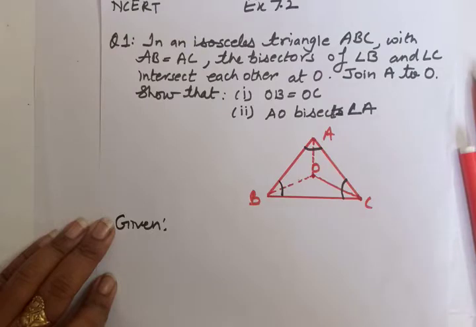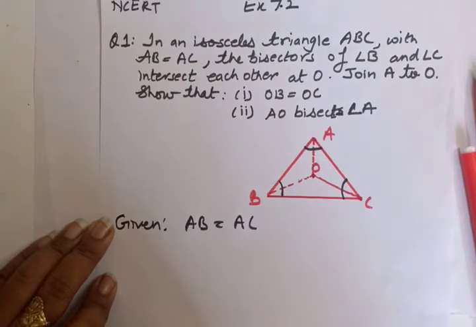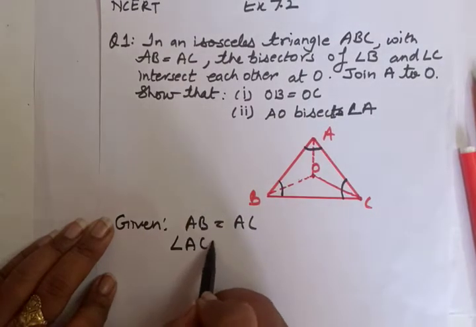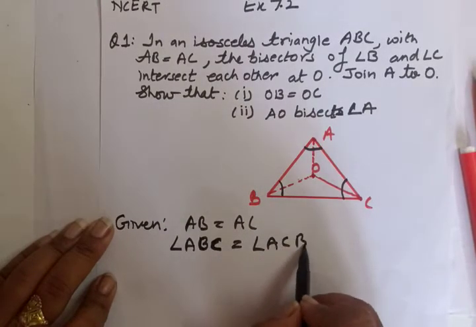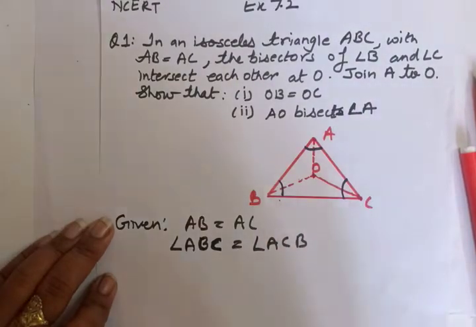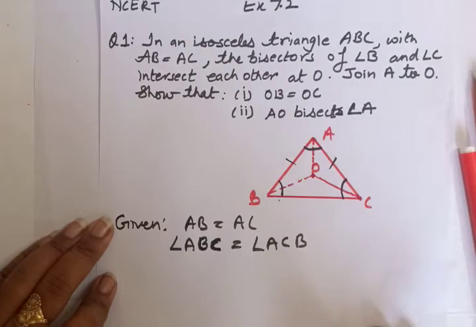Opposite sides are equal and opposite angles are equal. Yes, so it means AB is equal to AC and angle ABC is equal to angle ACB. This angle is equal to this angle. Yes, and AB is equal to AC.